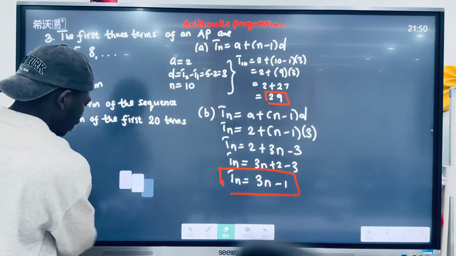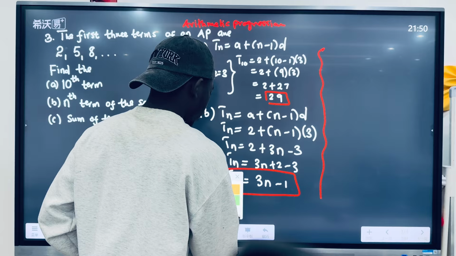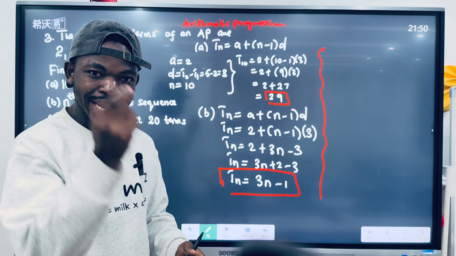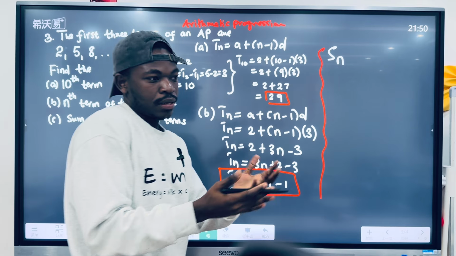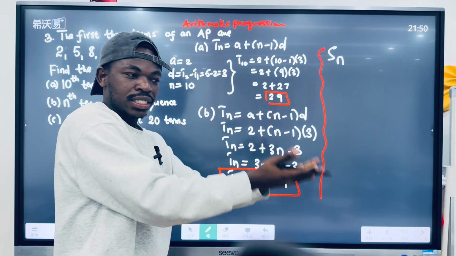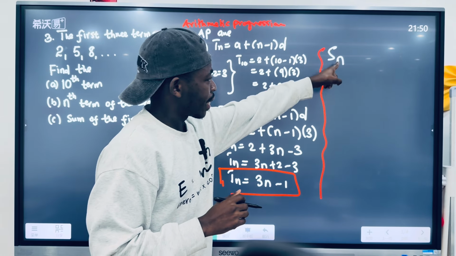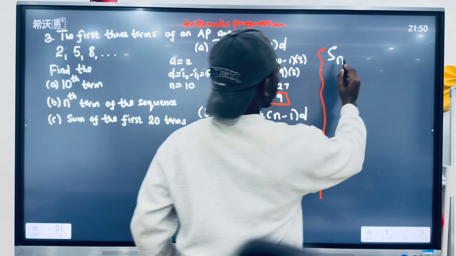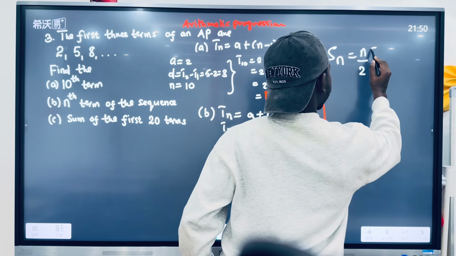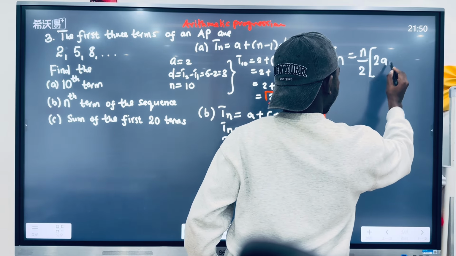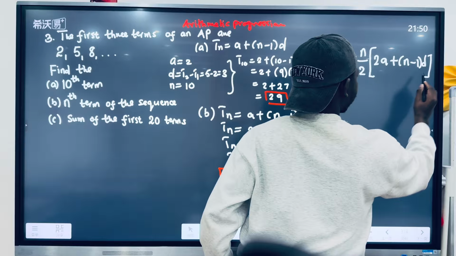To find the sum of the first any terms, maybe the first 10 terms, the first 15 terms, the first 20 terms, whichever, the sum of the first n terms is equal to n over 2 multiplied by 2a plus n minus 1 times d.